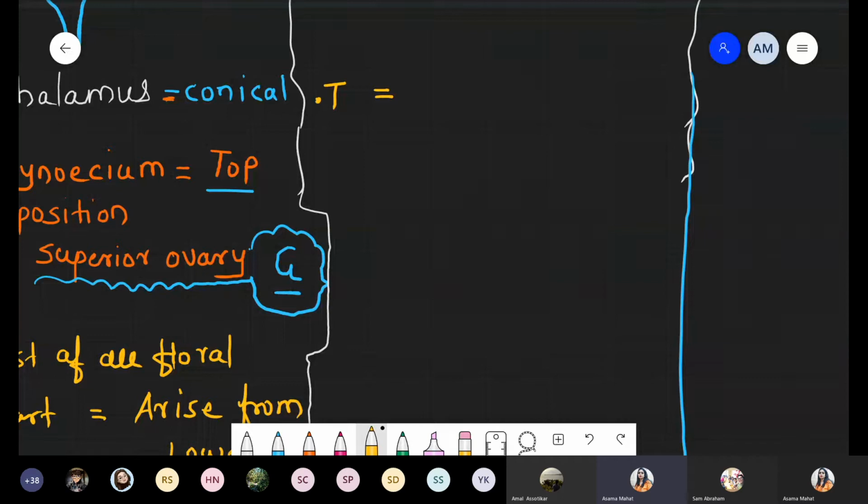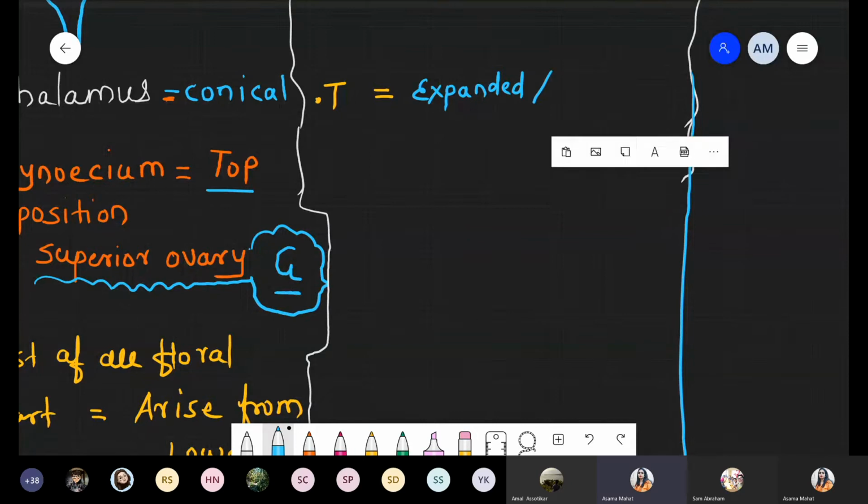In perigamous, the thalamus is expanded, or simply cup shaped or flask shaped.